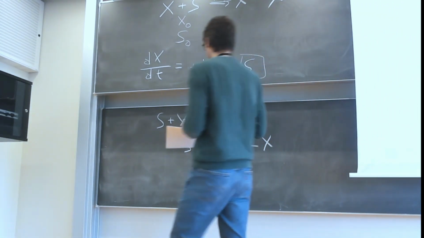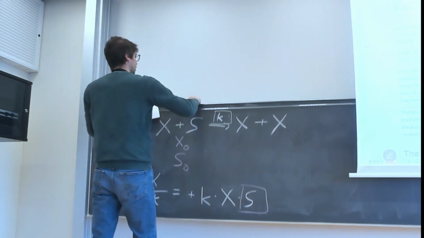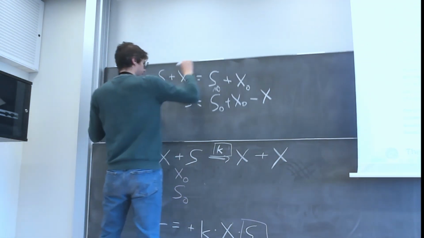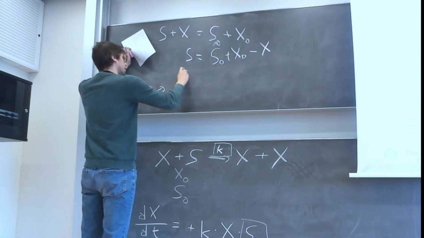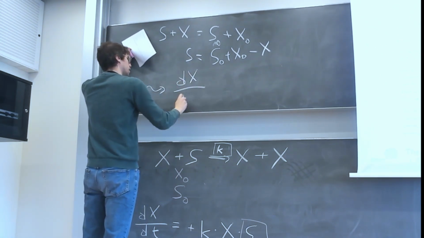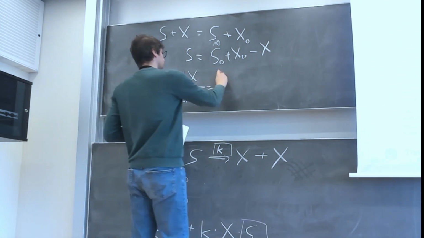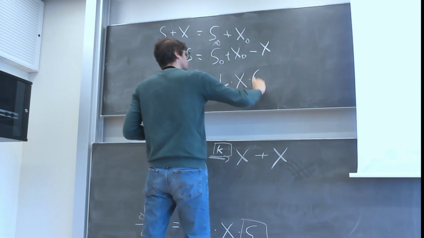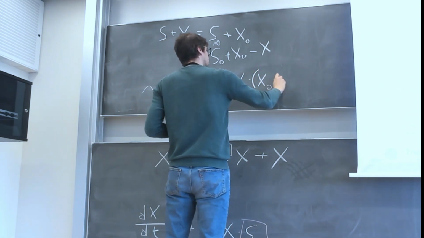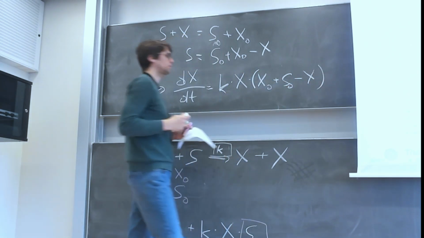And if we do that here, we find out that we have a one-dimensional system. This is plus k times x times (x0 plus s0 minus x). Okay.